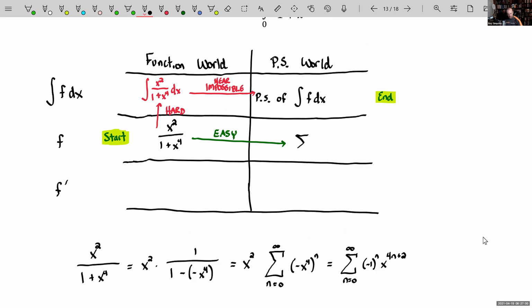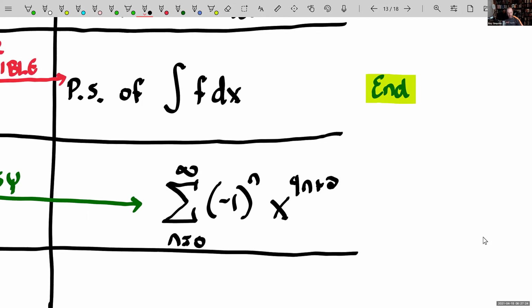So the series n equals 0 to infinity of negative 1 to the nth, x to the 4n plus 2. Yay. Now, integrating that to get to the parent function is super simple, because you're just integrating a polynomial. That is going to be very, very easy.